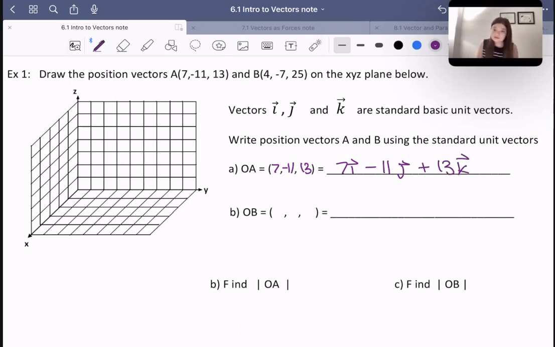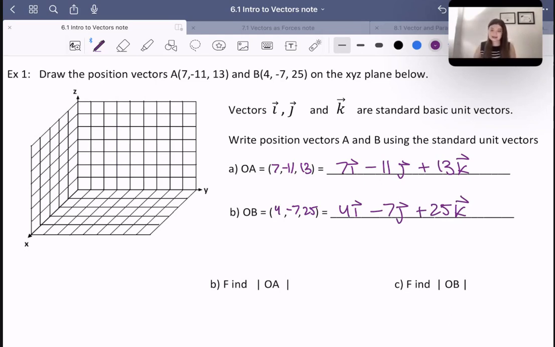Then we have OB, 4, -7, 25, which is 4i minus 7j plus 25k. All right, there we go.